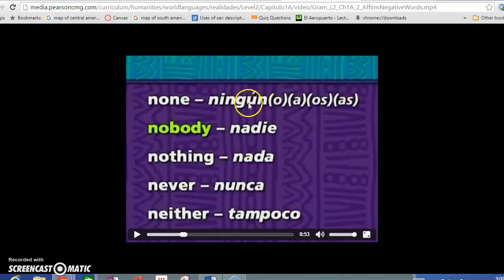Okay, with ningún, it means none, but it also means any in a positive sense. Because in English, we would say, I don't have any questions, for example. But because that's a negative statement, I don't have, no tengo, it would be ningunas preguntas. No tengo ningunas preguntas.